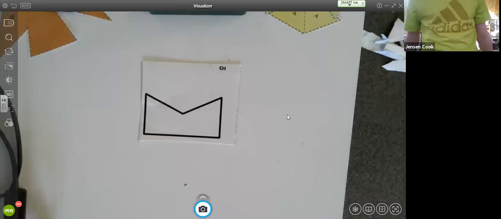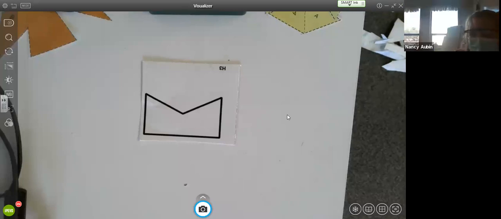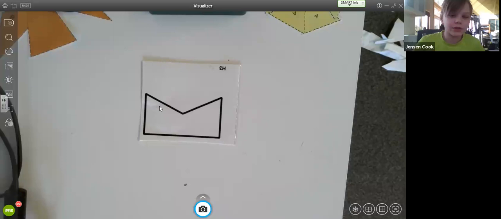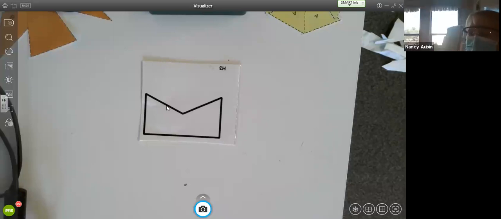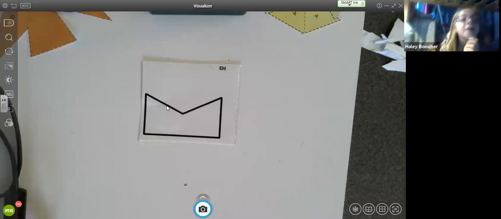I am standing. Why should you be standing, Jensen? I keep forgetting the question. Okay, you should be standing for acute angles. Does your shape have acute angles? Yes. How many? 2. Very good.